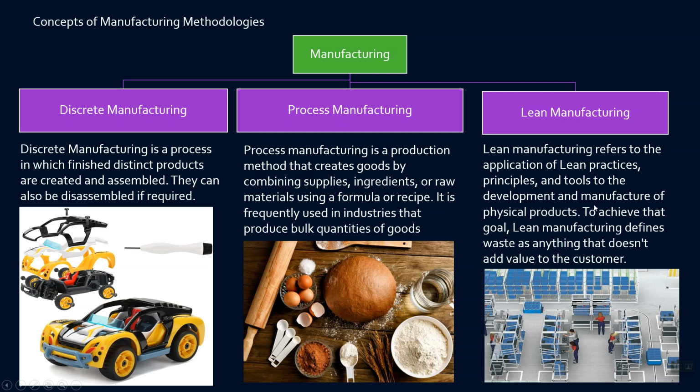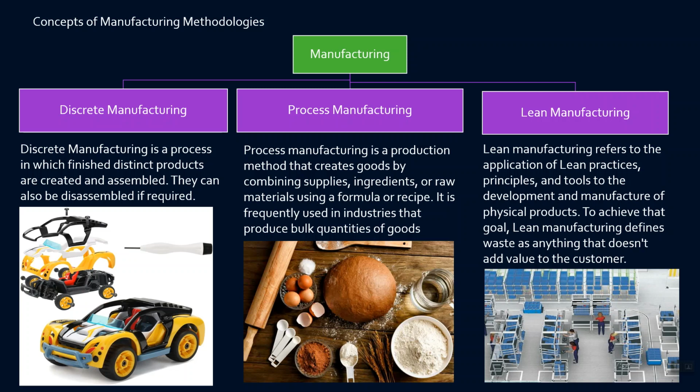It is just a way of doing your work. In lean manufacturing, you follow some practices and techniques which will reduce wastage in the work, and it will improve your productivity, and it will be a cyclic flow.